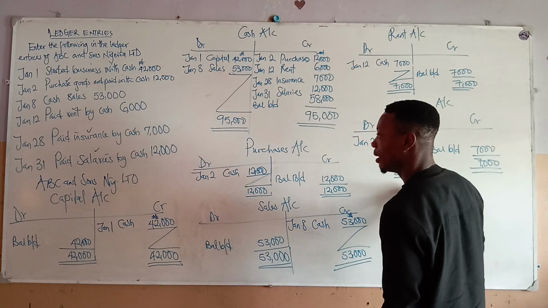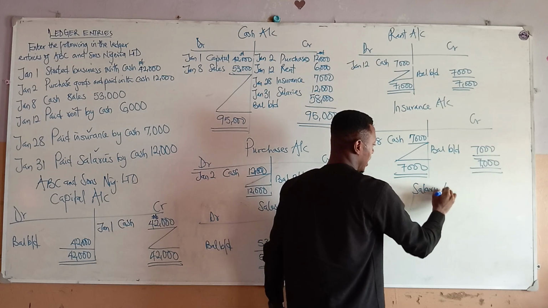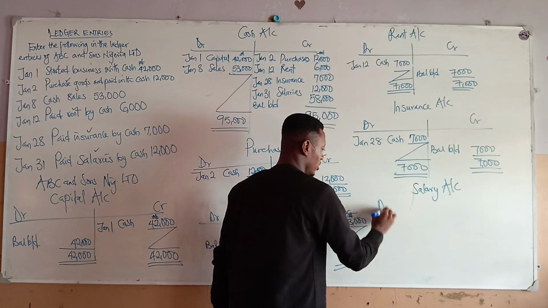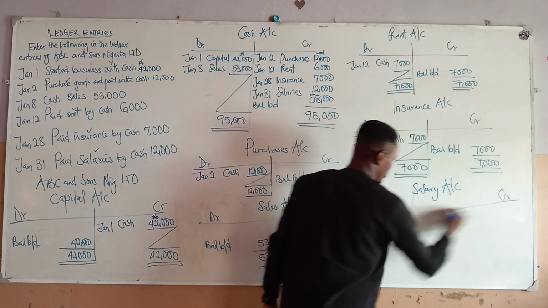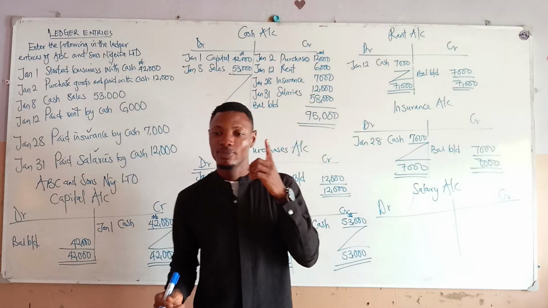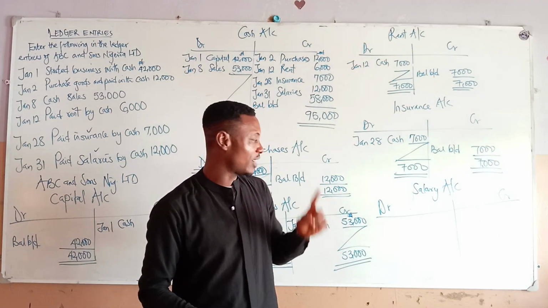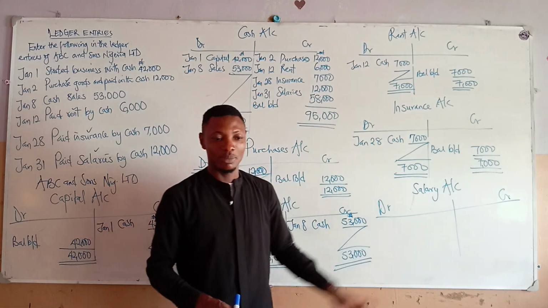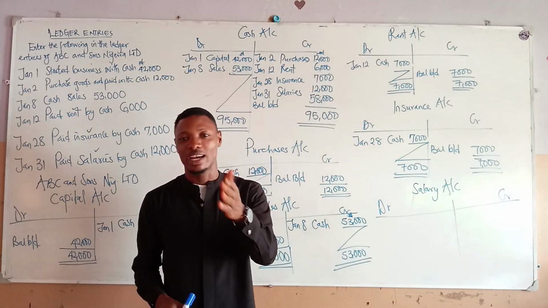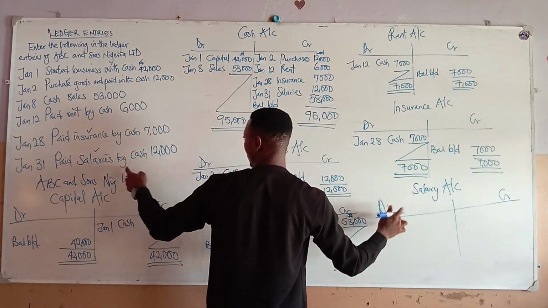Now, under the last one, paid insurance, we have salaries. So this will be my salary account. Now, tell me, just take a guess, where will salary be going into? Yeah, salary is an expense. So where are we going to record it? Definitely we are recording it on the debit side.